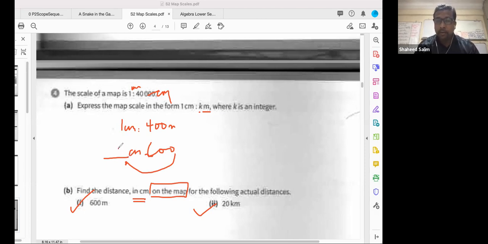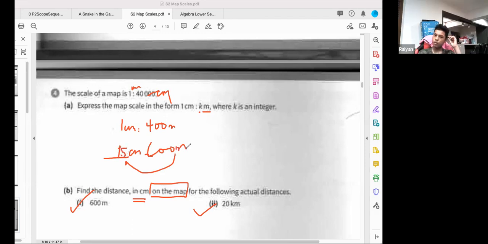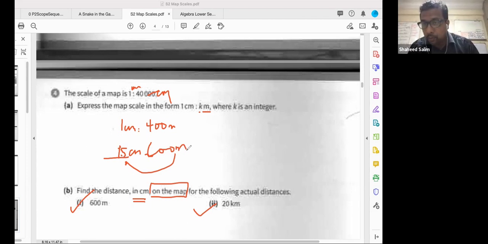1.5. Now, what about the next one? But the next one, you must make it. Sorry? You didn't get 1.5. What do you get? 1. But 1 cm is 400, right? If 600, you get 1, that means, but 1 is already, okay, now, 1 cm represents 400.